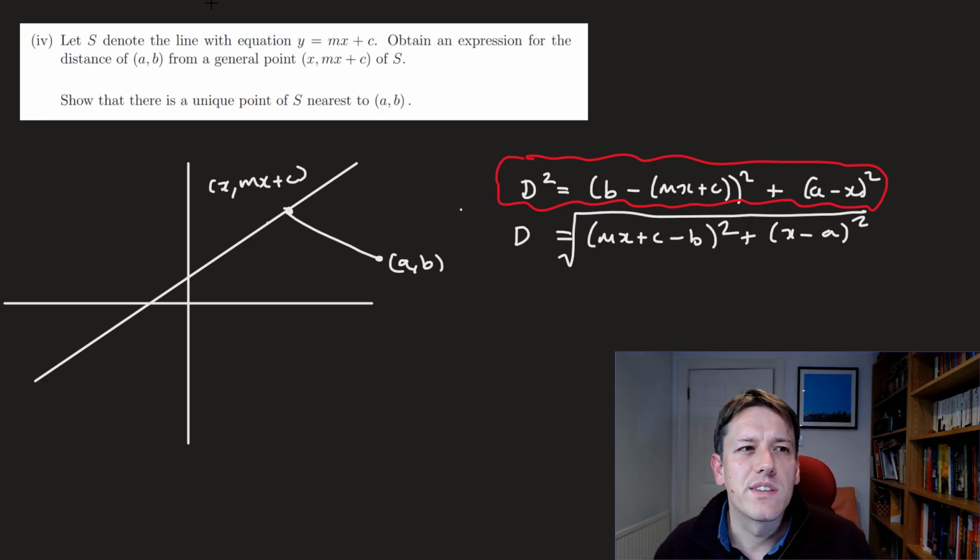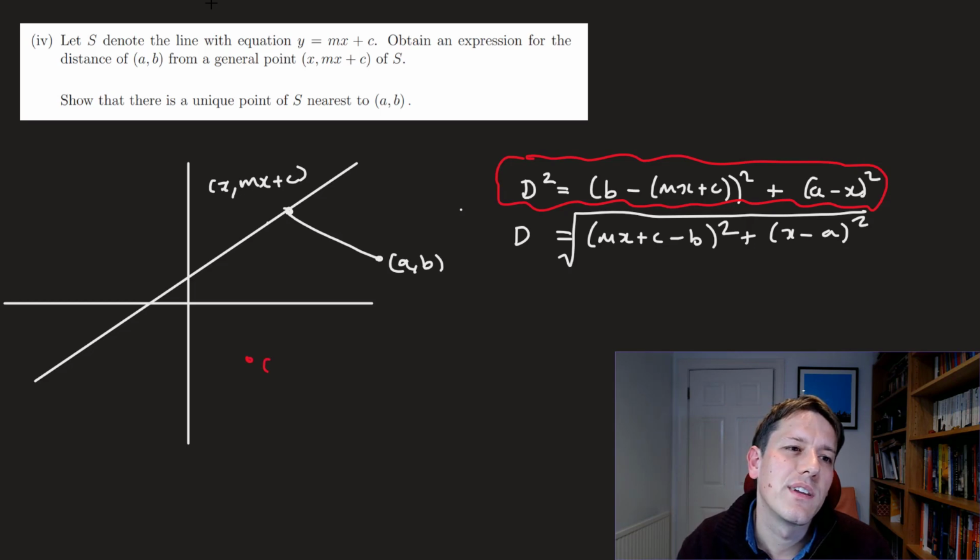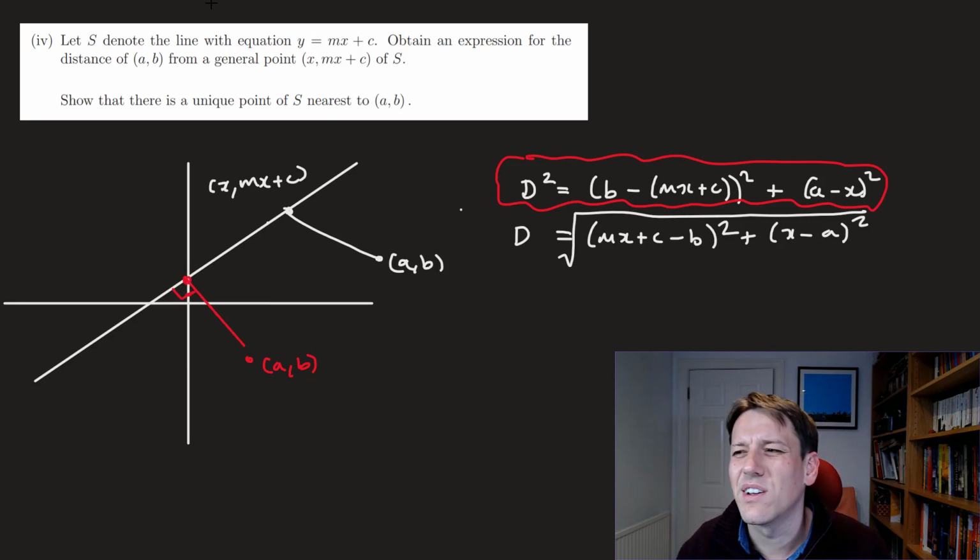So that's one way to answer this, but there's also something slightly obvious about this fact, right? If you take a point AB, the closest point on the line is just, you drop a perpendicular, and we kind of know that that's the closest point. So I think you might be able to get away with a more intuitive answer there from the geometry, but given that they've asked you to write down the distance for the general point, perhaps it makes sense to make an algebraic argument.